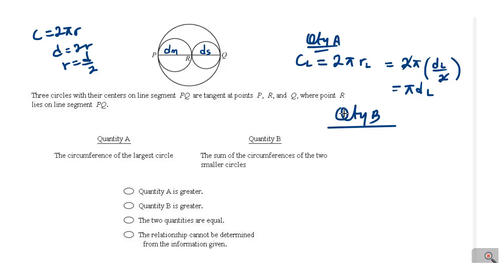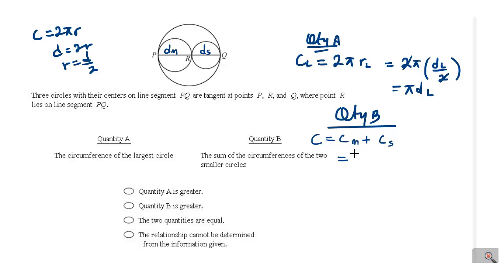So the sum of the circumferences will be the circumference of the medium circle plus the circumference of the small circle.